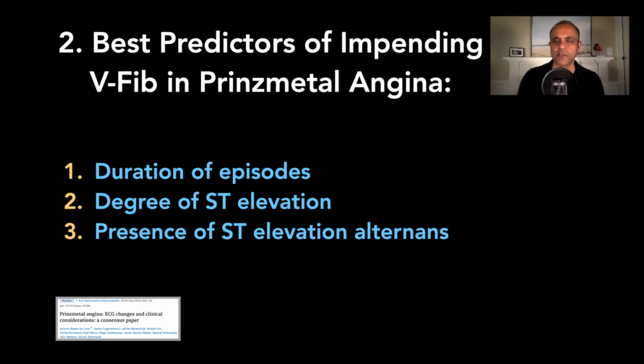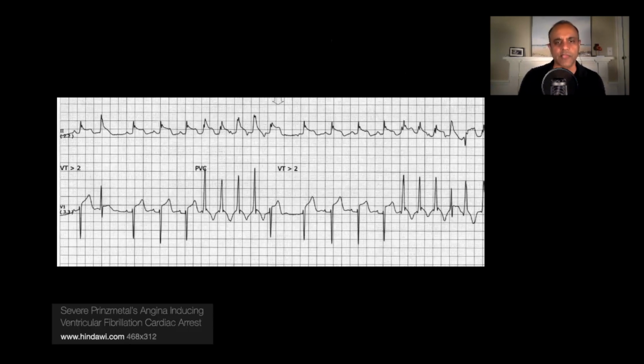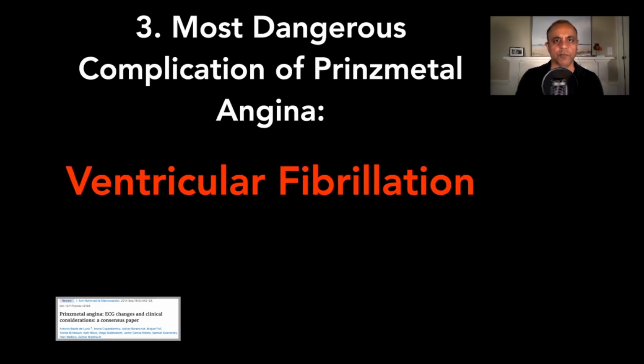That's not common, but when you see it, you should be worried. Here's an example. This is not from this patient. It's downloaded off the web, but you can see how these ST segments change in amplitude. This is something that is seen in Prinzmetal angina. Not common, but when you see it, you've got to be super concerned.